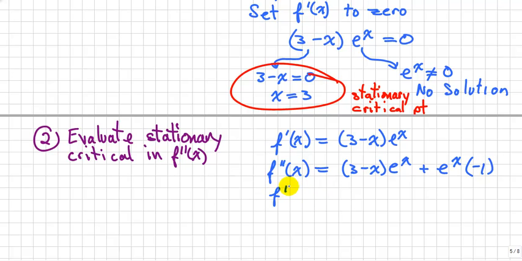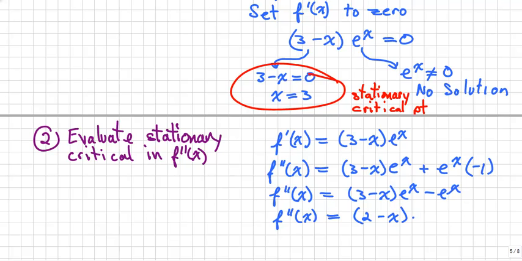So I'm going to do this pretty quick. I'm going to tidy things up like we did last time. So that's 3 minus x e to the x minus e to the x. And if you factor out that e to the x again, we're going to be left with 2 minus x e to the x.